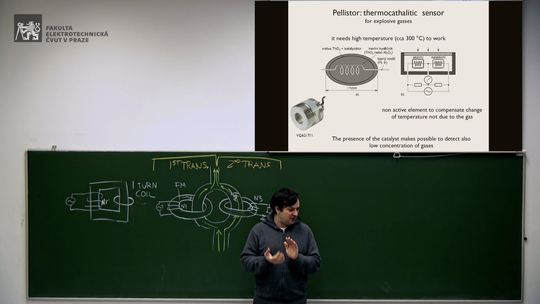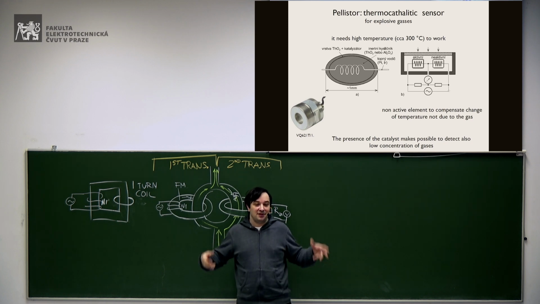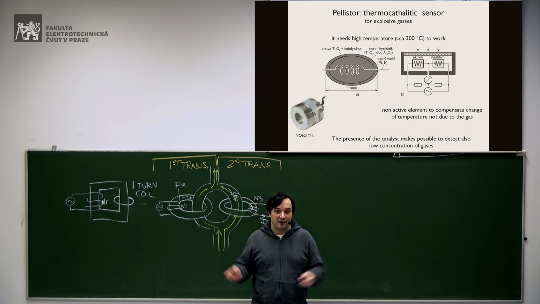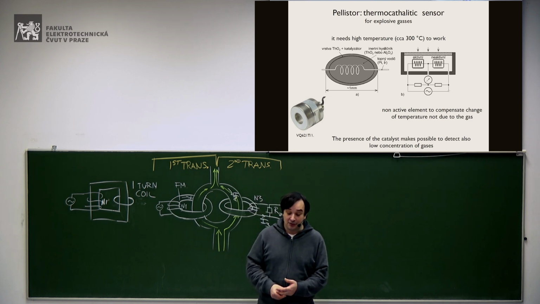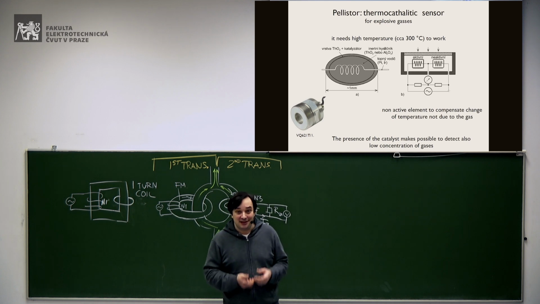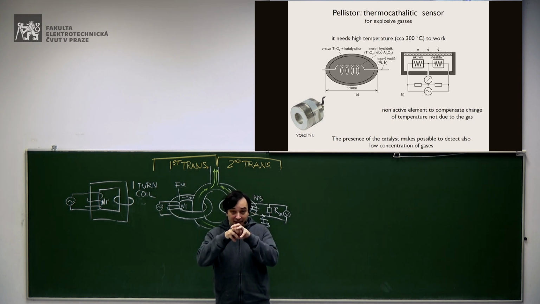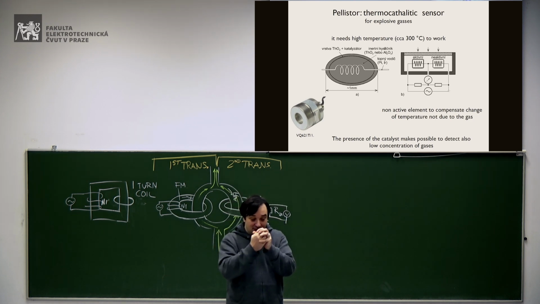I don't know actually what the correct name is, but it avoids creating flames from the sensor to the volume where you may have a high concentration of flammable gas. You definitely don't want to ignite the gas that you want to measure. So there is this very dense net at the top.